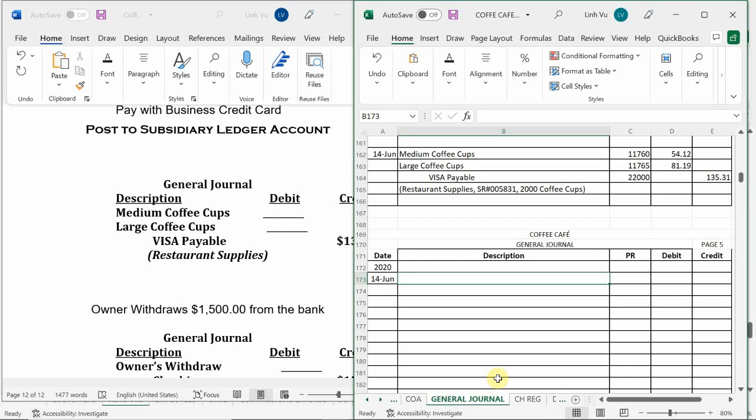What did Bob do if he took $1,500 from the bank? Anybody?